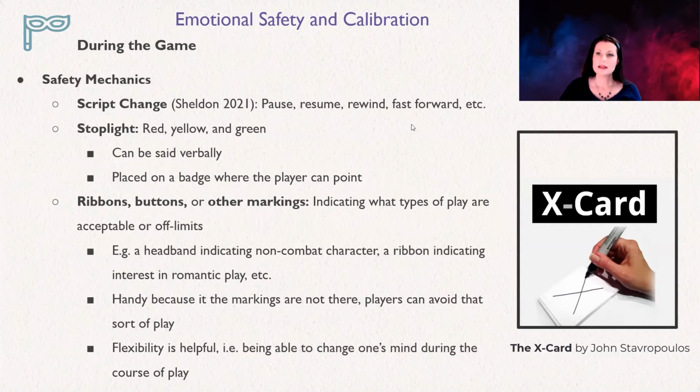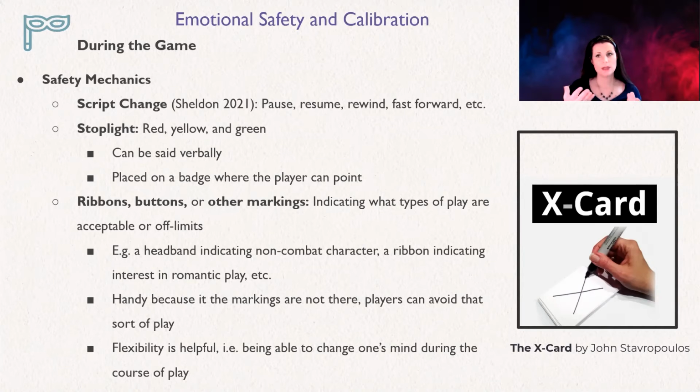Okay, so some more during the game safety mechanics. There's script change by Brie Beau Sheldon, and that includes things like pause, rewind, resume, fast forward. So these are ways to kind of modulate play in the moment. Again, there's stoplight, so red, yellow, and green.